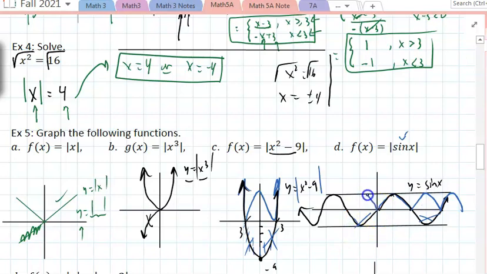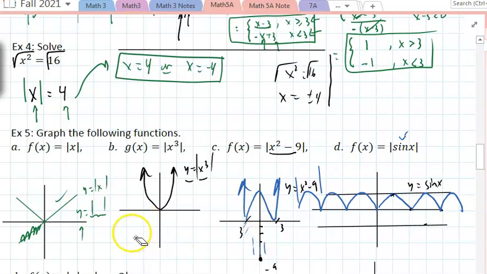Take the negative part and reflect it. So it looks like that. That's how the graphs look like.